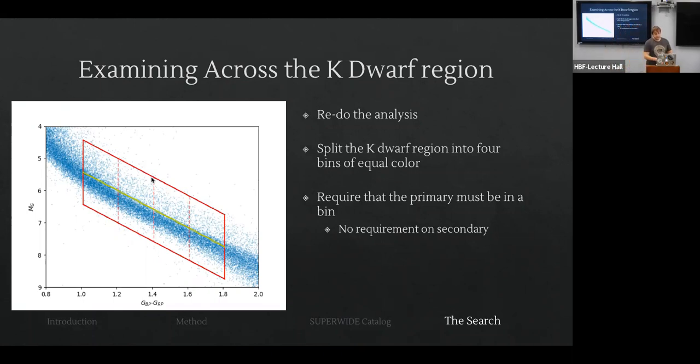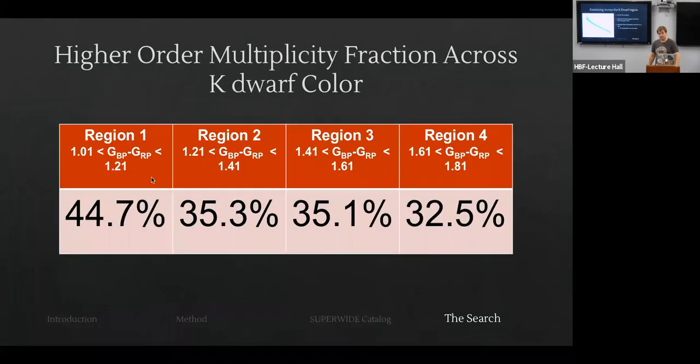If we do this and recalculate the higher order multiplicity fraction across those 4 bins, we get a decrease as they go across. To me, this also indicates that it is like the single star multiplicity fraction, because this is what I would expect naively as you go down the K-dwarf region, going from a higher multiplicity rate in general to a lower one.